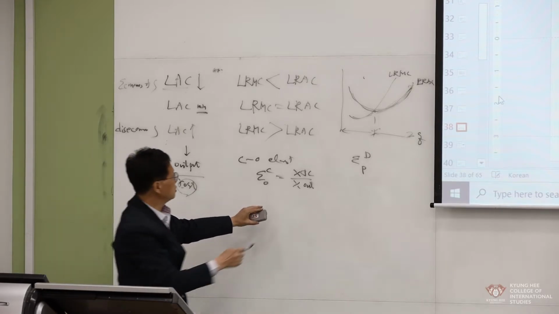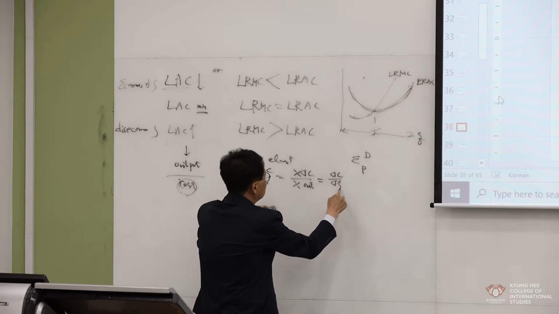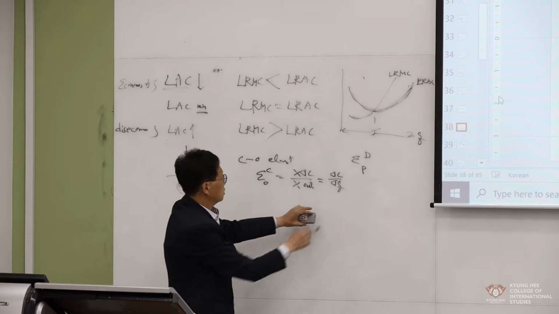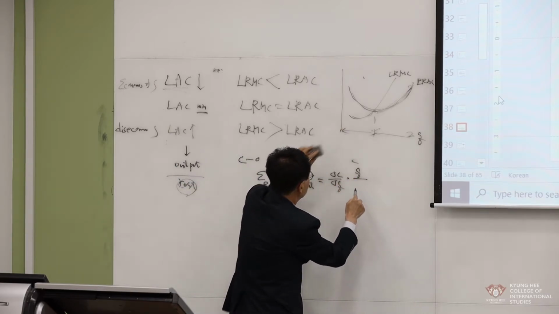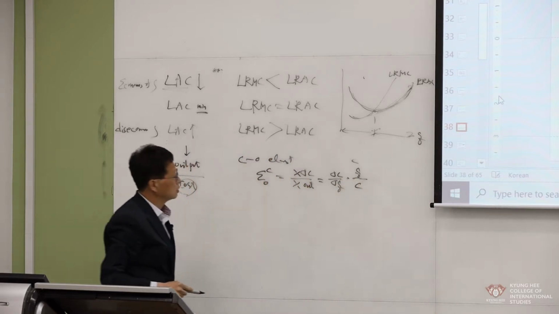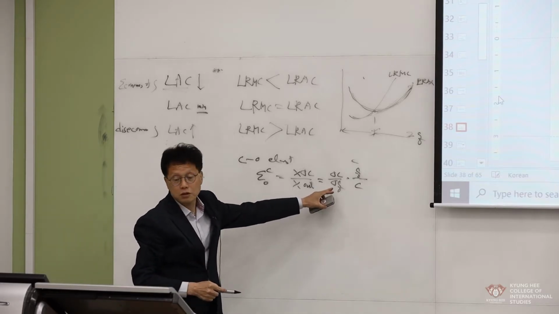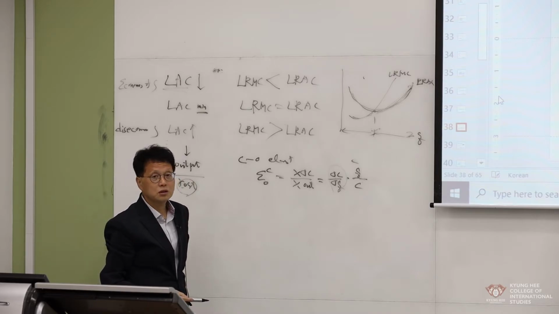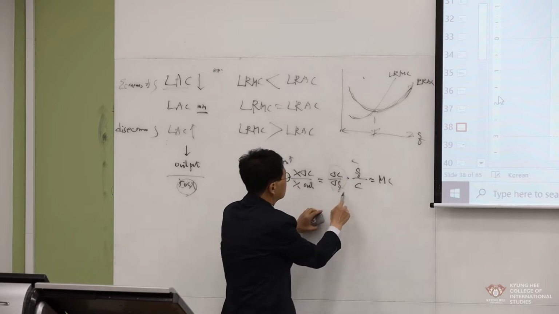This one means change in C over change in Q. Output change. Output is Q. Multiplied by Q over total cost. You can write this. And now you're familiar with this. What is this? That is the definition of a marginal cost, isn't it? That is equal to marginal cost. And what is this?